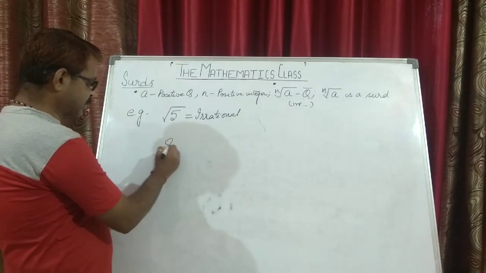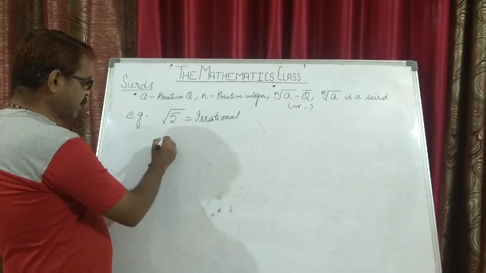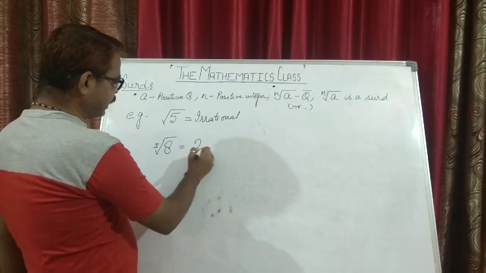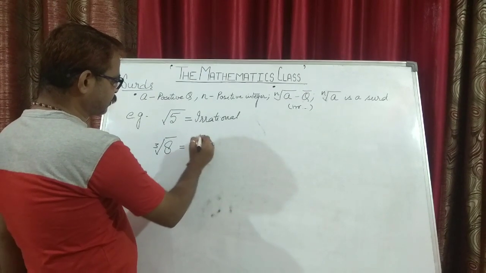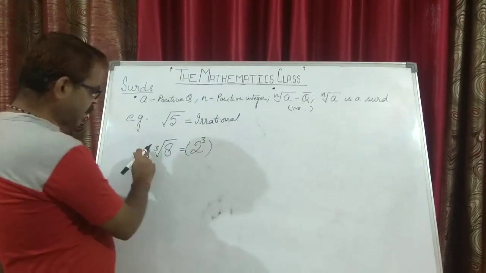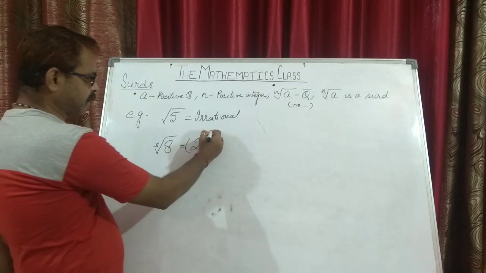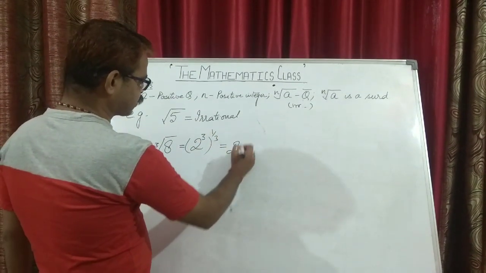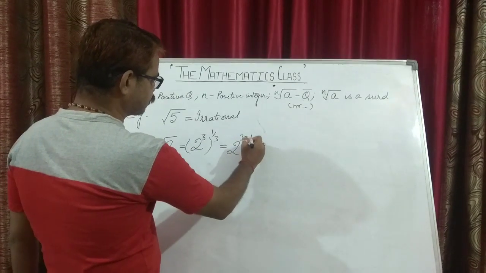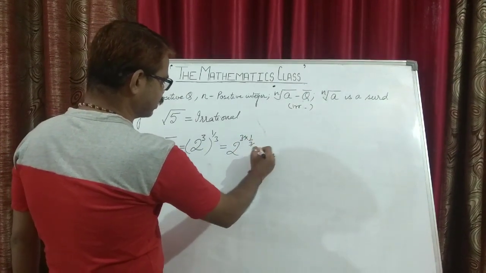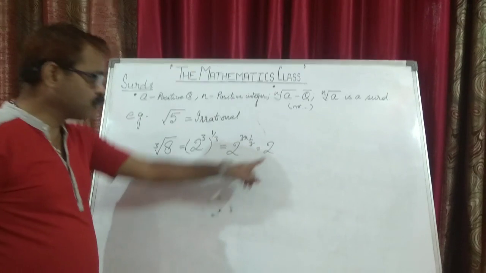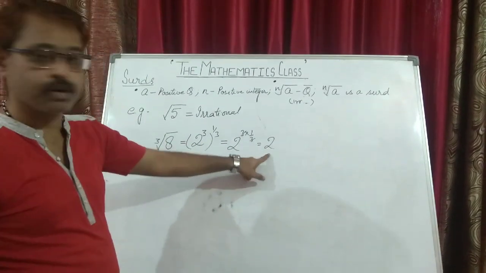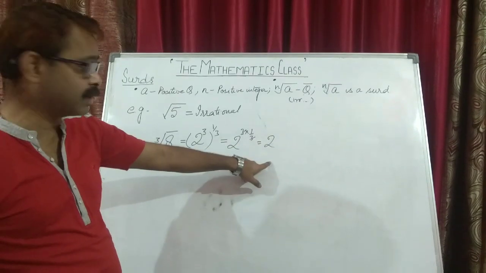Suppose I take 8 and I take its cube root. We know that 8 can be written as 2 to the power 3, and cube root can be written as power 1 upon 3. According to the laws of exponents, this will be 3 into 1 upon 3. This and this cancelled, you will get 2. This 2 is a rational number, means finally you are not getting any irrational number.